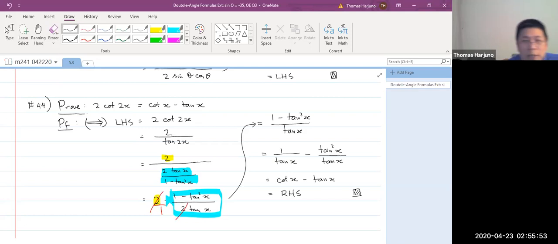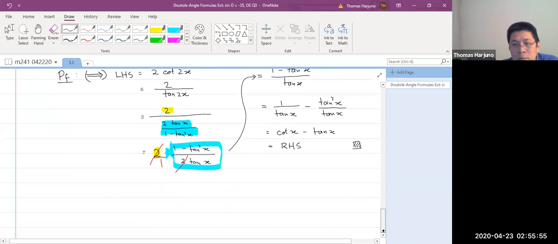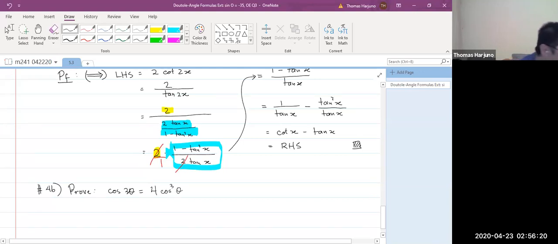Now, number 46. Prove cosine 3 theta is equal to 4 cosine cube theta minus 3 cosine theta.